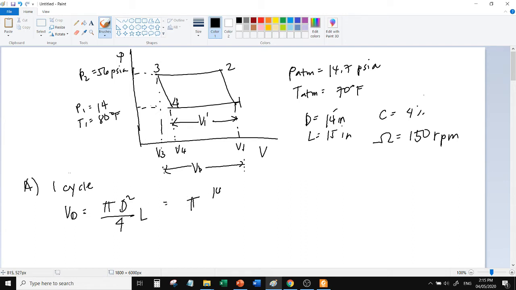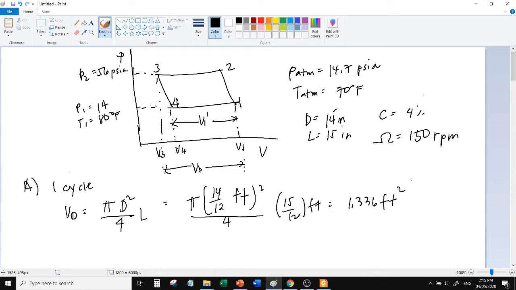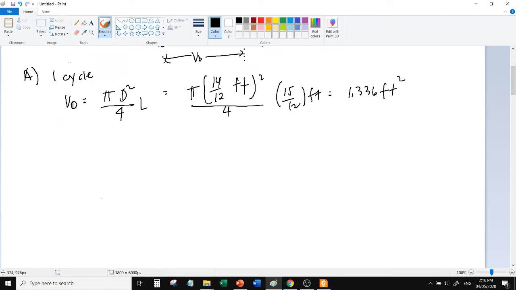Substituting the values. So, in feet, we have 1.336 feet squared. For air, let's assume na since air is composed of mostly N2 and O2, diba?